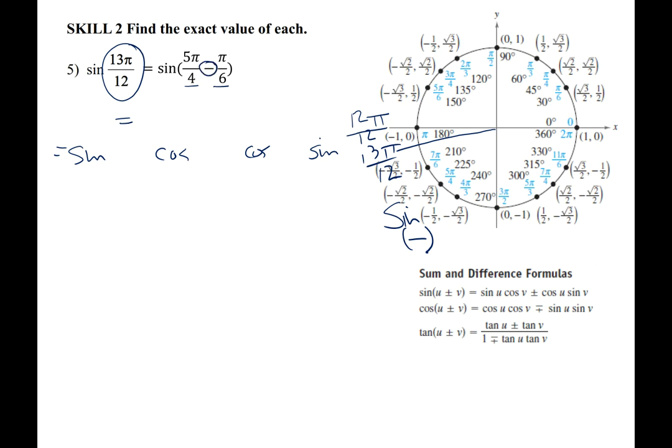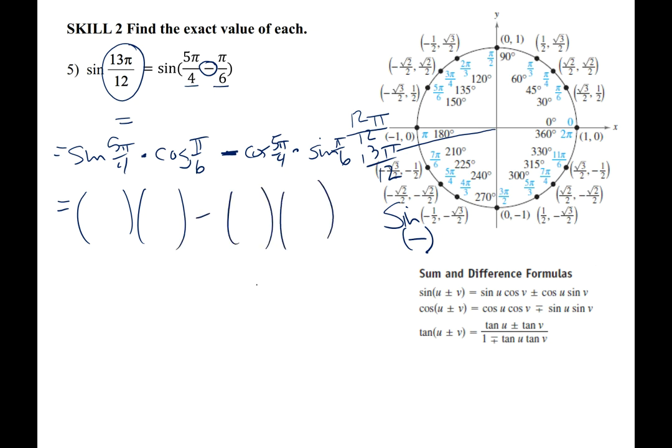For cosine, we change the operational symbol. Then I'm going to plop those angle measures in there: sine of 5 pi/4, cosine of pi/6, cosine of 5 pi/4, sine of pi/6. You need to be careful because these things are being multiplied and this is the subtract here. I saw people making mistakes on that. So we got multiply, multiply, and a subtract in between.